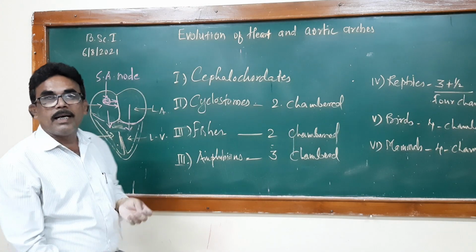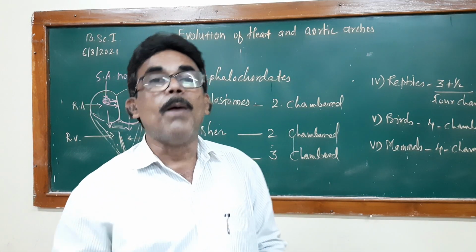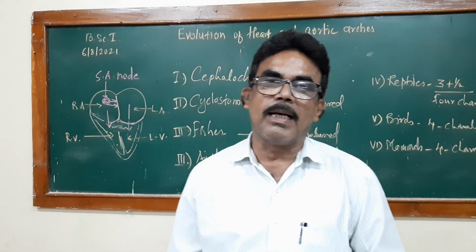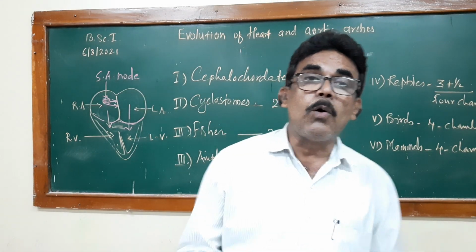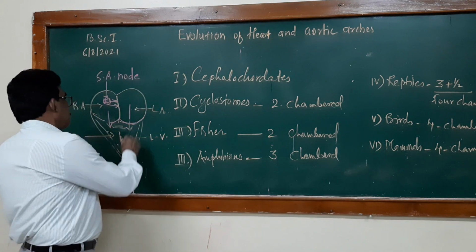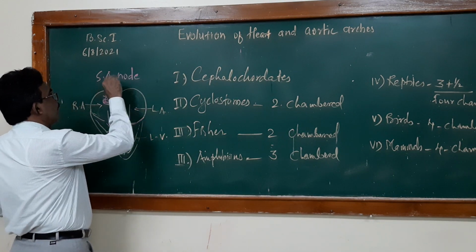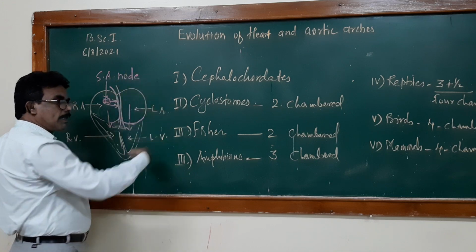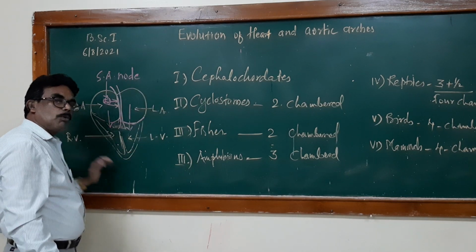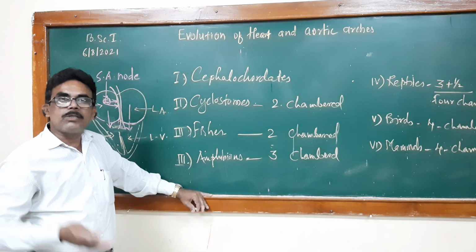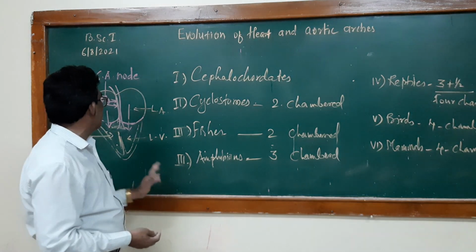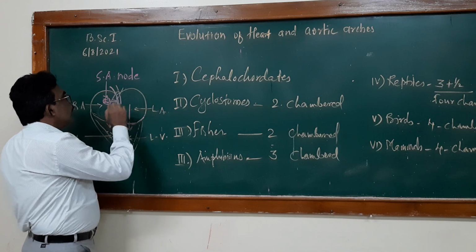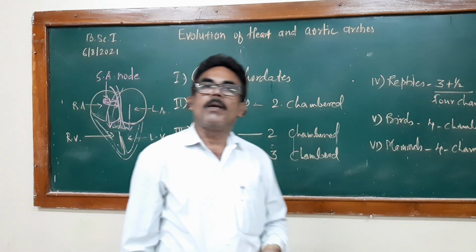Finally the heart shows the pumping mechanism, and because of that the blood is forced to flow from the systemic aorta to the dorsal aorta and its branches, that is, through the arteries it is supplied to the body parts, and from here to the lungs for purification.